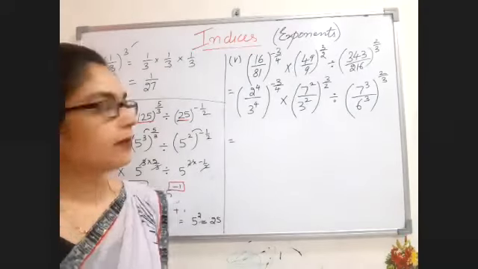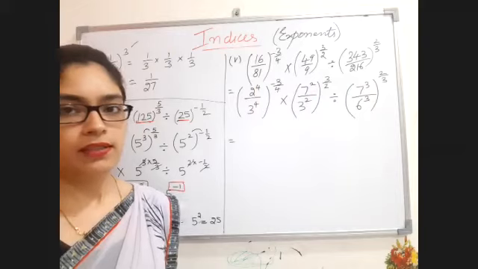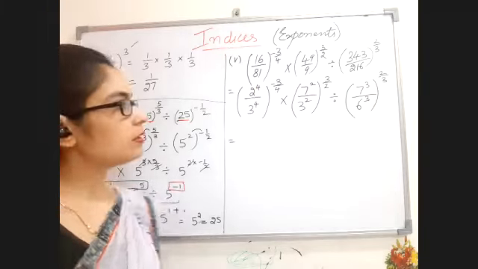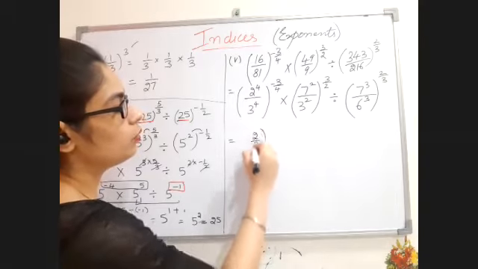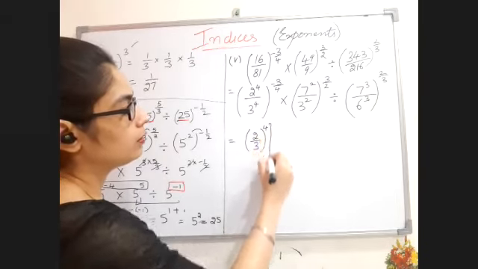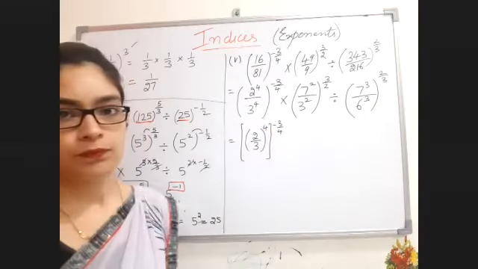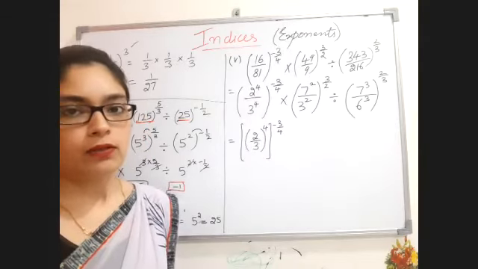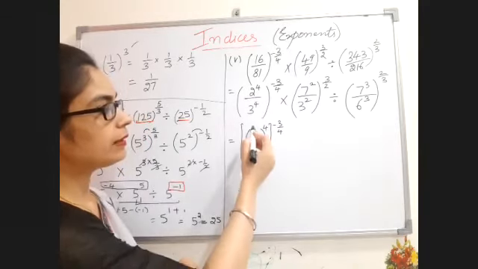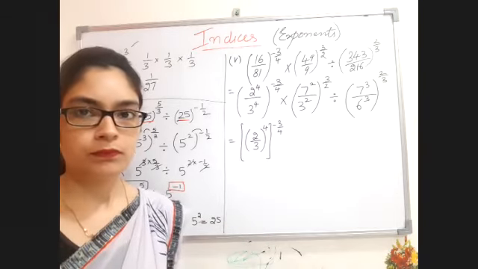Now here what we can do, see both numbers have the same power. So instead of writing this power 2 times, let's write it one single time. So I write it as 2 by 3 whole power 4, then this whole power minus 3 by 4. See, if this power 4 is with both, why write it 2 times? Just put a bracket and write this power 4 a single time.